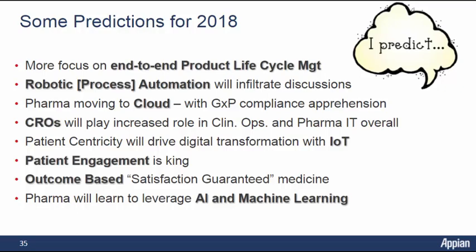And patient engagement is going to be king. How we deal with patients, how we interact with them. Patients are going to come much earlier into our processes, into decisions about the medicine and the treatments that they wish to have us proceed with. Outcomes-based and satisfaction guaranteed medicine is going to be the key.